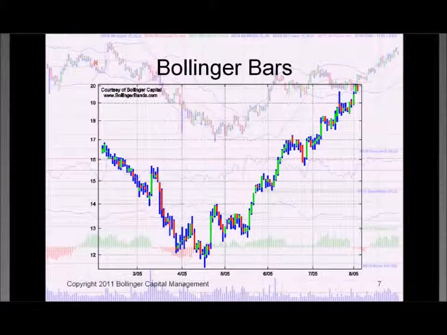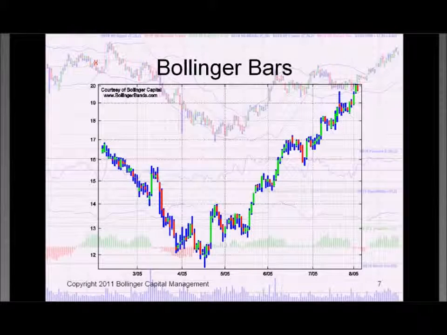I find that this red and green coloring is very helpful, and that the equal width of the bars across the entire range of the bar, whether it's the body of the candle or the whiskers, is much more aesthetically pleasing to my eye, and it makes the pattern recognition process somewhat easier.